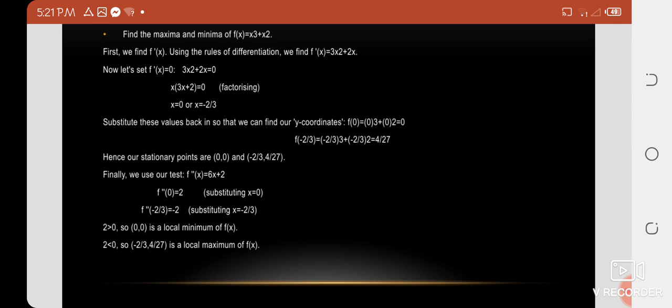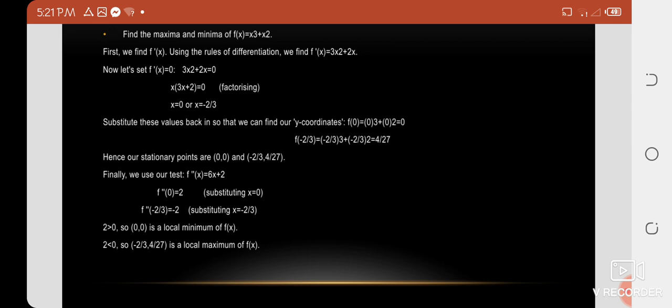Substitute these values back so that we can find our y coordinates. So, f(0) is equal to 0^3 plus 0^2, which is 0. f(-2/3) is equal to (-2/3)^3 plus (-2/3)^2, which is 4/27.